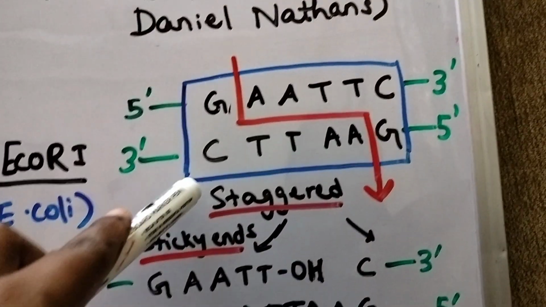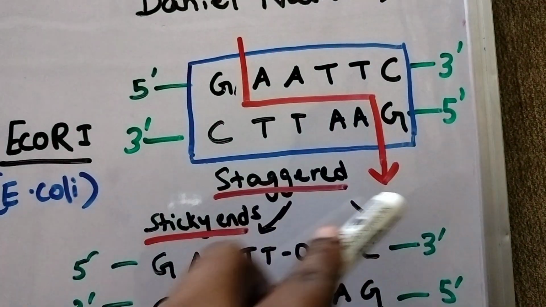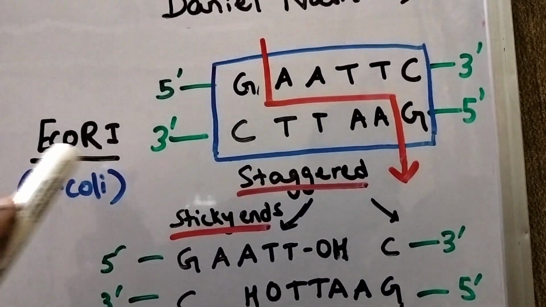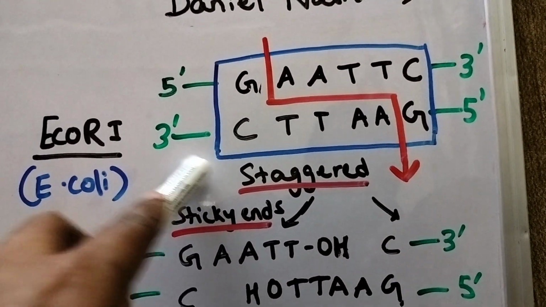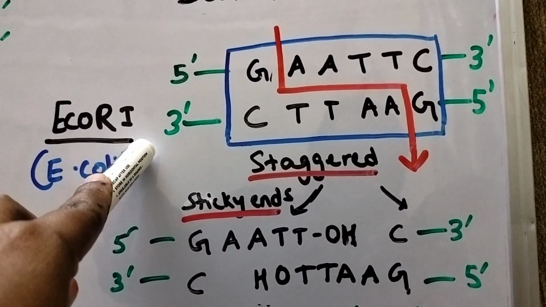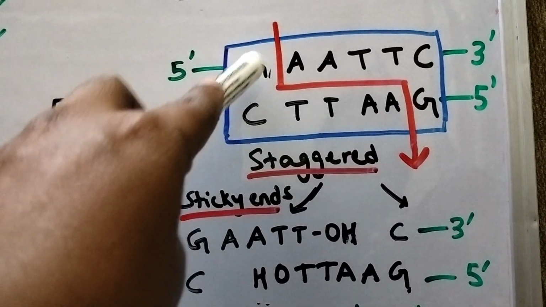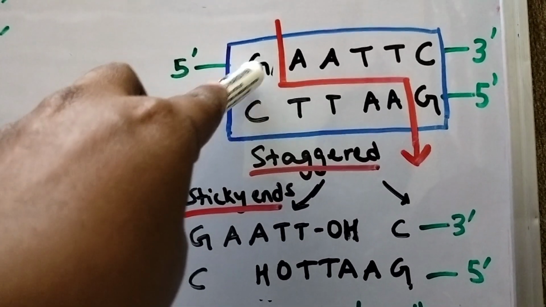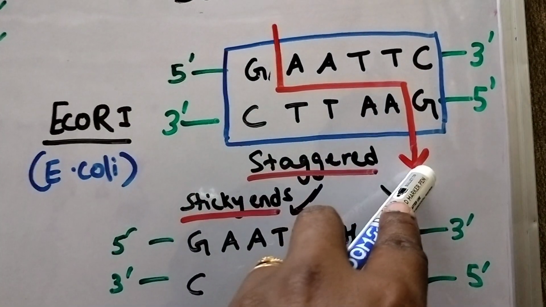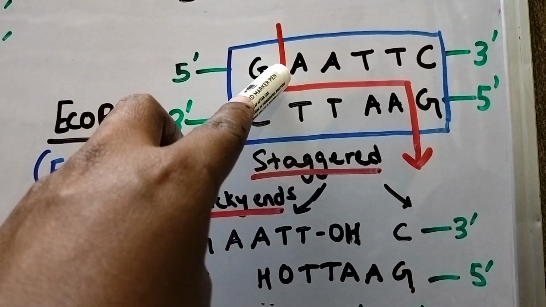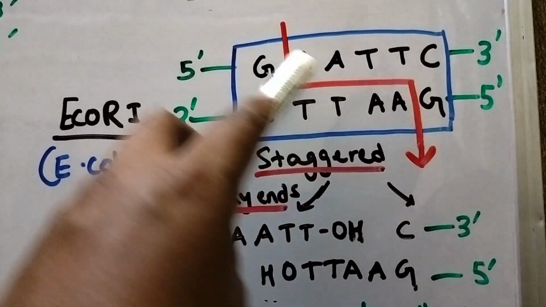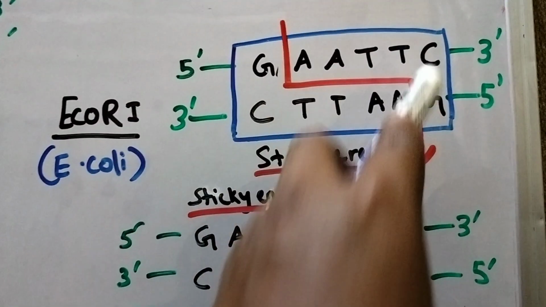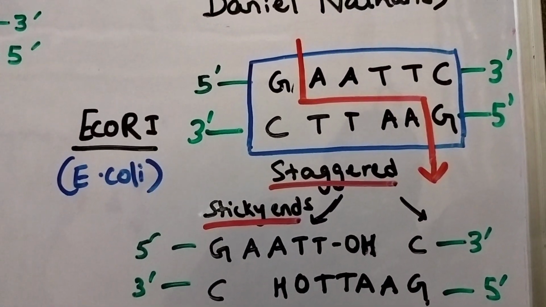Here, as we can see, this is the recognition sequence, or recognition site, for the EcoRI restriction enzyme. EcoRI cuts the DNA after guanine on both strands, which are not at the same position, resulting in staggered or sticky ends.